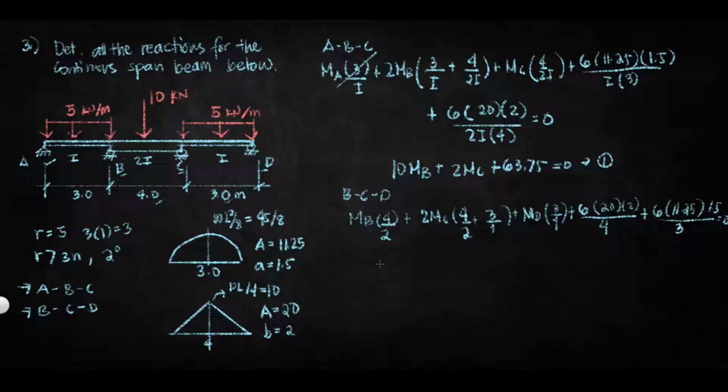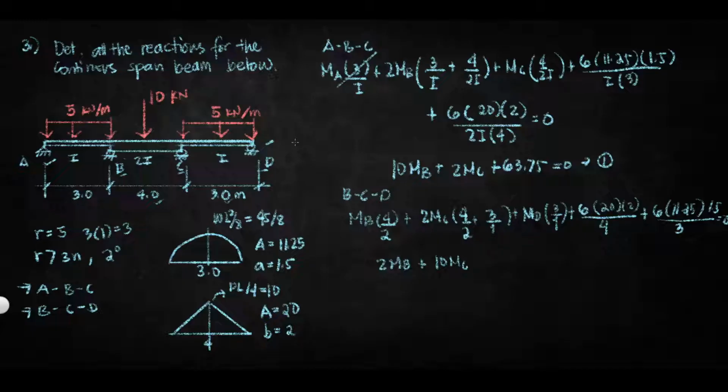So MB is, we have 2 MB. Then we have plus 10. May 10 MC. Then we have yung MD dito.